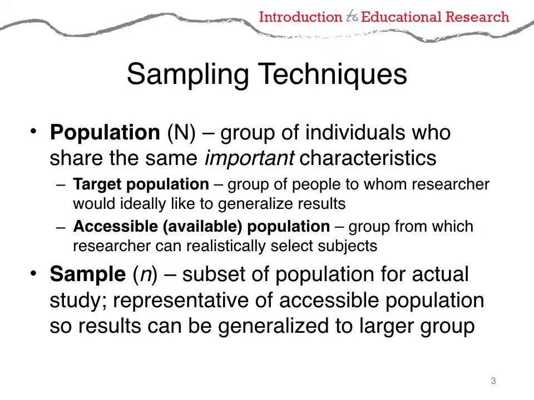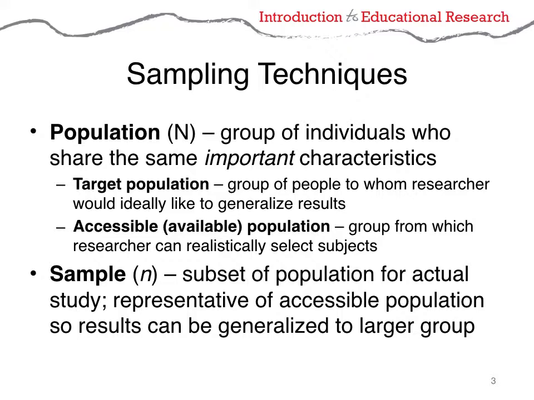Okay, so a couple of terms that we've talked a little bit about previously with quantitative research. You have your population. This is the group of individuals who share these same important characteristics. You have your target population, and this is who we're thinking of when we want to generalize results.